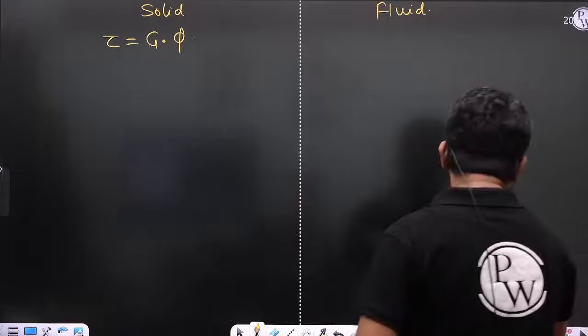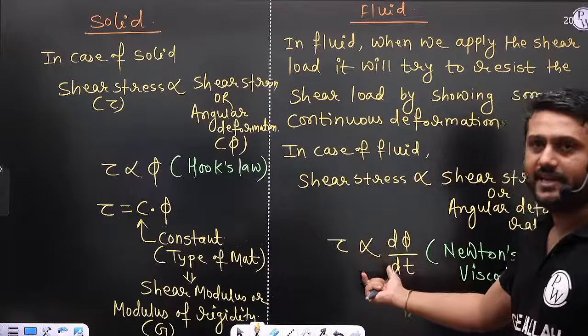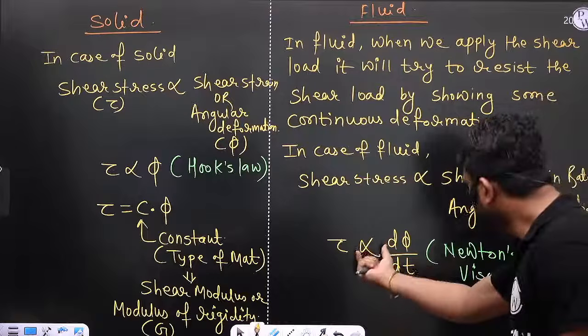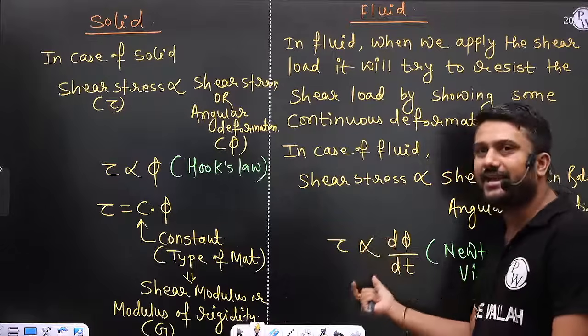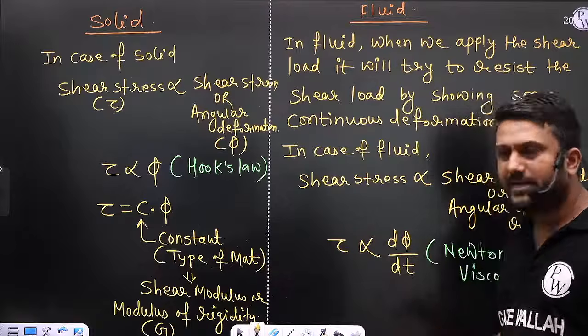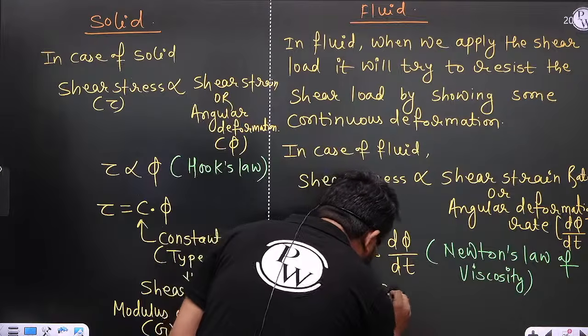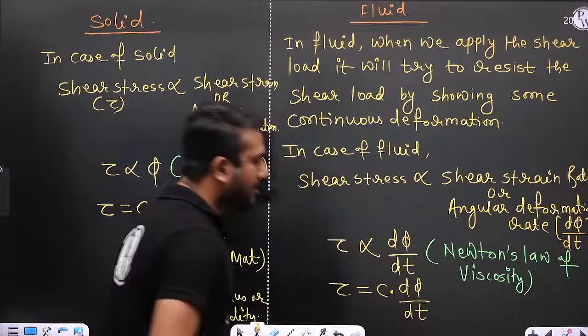Right. Now come to the fluid. Now again, see here, if you remove this proportionality sign, then the proportionality constant comes into picture. Tau is equal to C multiplied by d phi by dt. What is C?